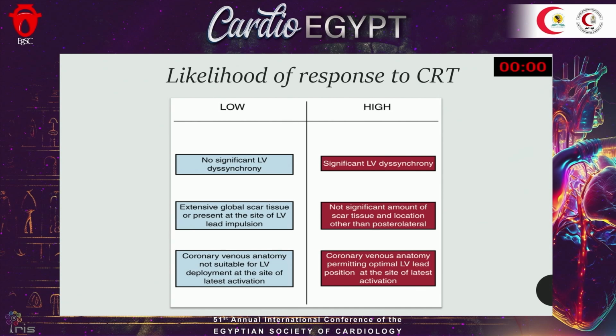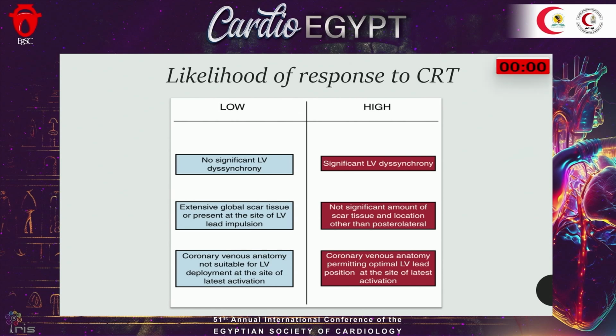Low likelihood of response to CRT: no significant LV dyssynchrony, extensive scar or presence of transmural scar at the posterolateral segment, coronary venous anatomy not suitable for LV lead deployment, and site of latest activation.